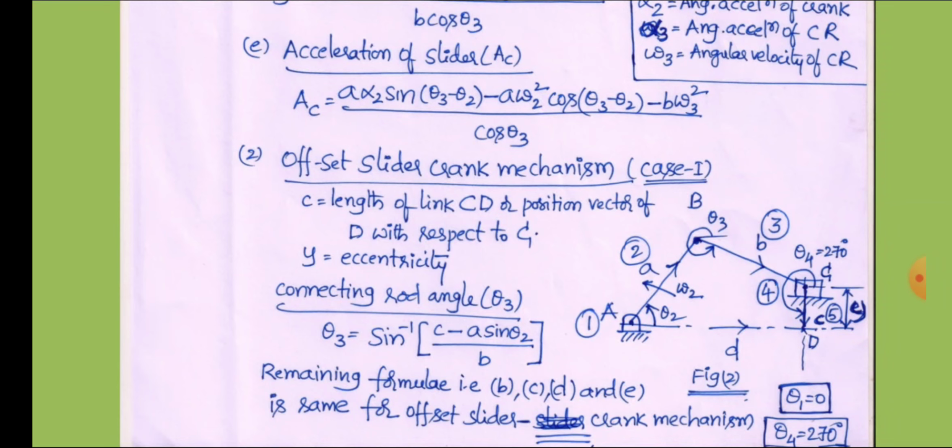link 1 is the point A, which is a fixed link. Link 2 is the crank, that is AB. Link 3 is the connecting rod, that is BC.